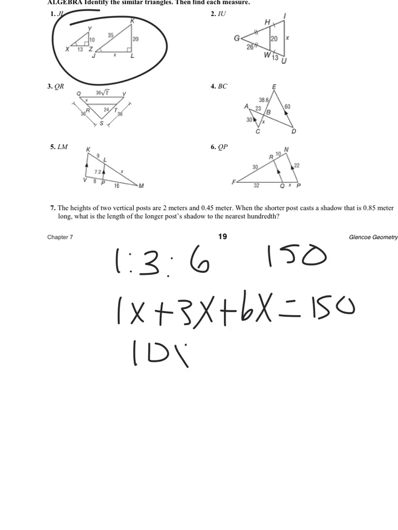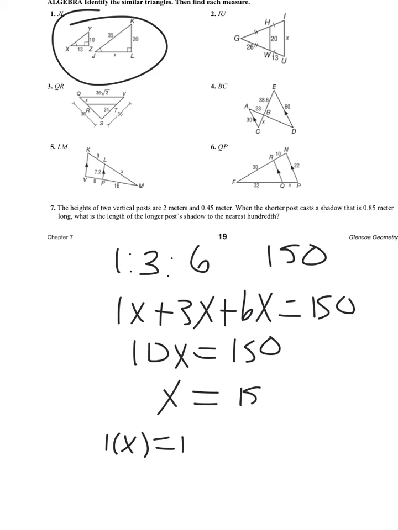Oh, this actually does work. You solve, and then you have to plug it back in. And the quiz is set up so that it'll remind you to plug in.